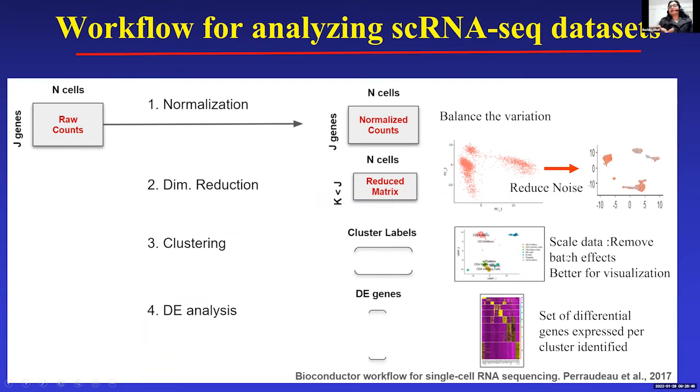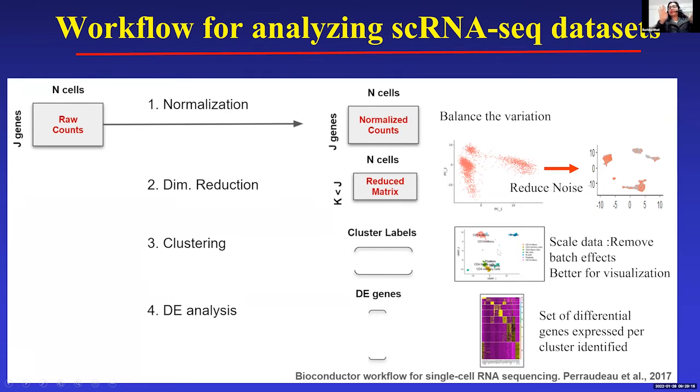For clusters, we want to scale the data before we go for the cluster visualization, so that we remove all the batch effects. If we have a sample from X date, fresh, and Y date, frozen, we want to remove whatever batch effects were there before we start with clustering, and that also helps us visualize the data better on a UMAP.